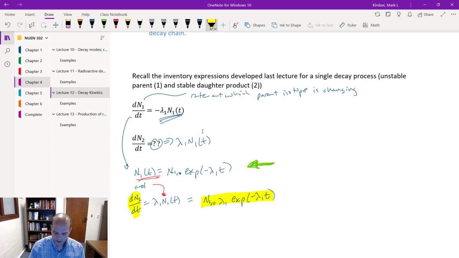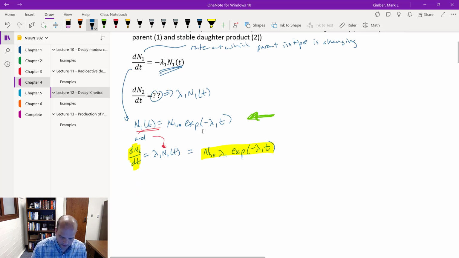And everything in front of that exponential is a constant, lambda is a constant, and so I can simply integrate this. And I evaluate it at the bounds, and we'll just scoot it down here. And then we'll integrate the right-hand side.